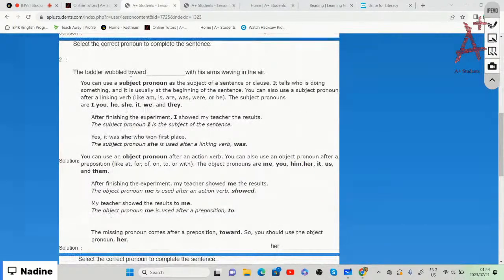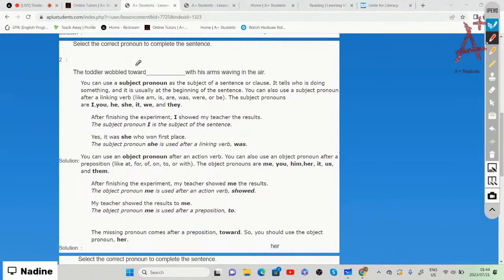The toddler wobbled toward, with his arms waving in the air.